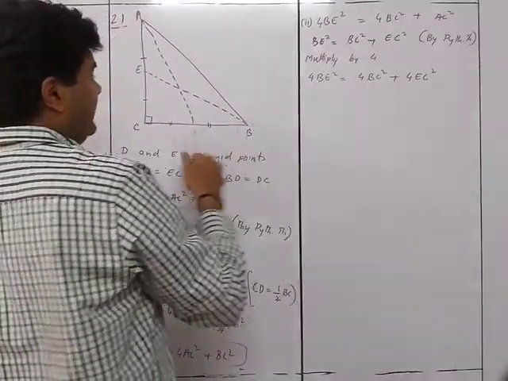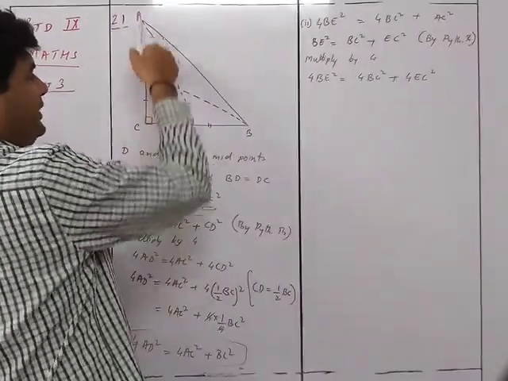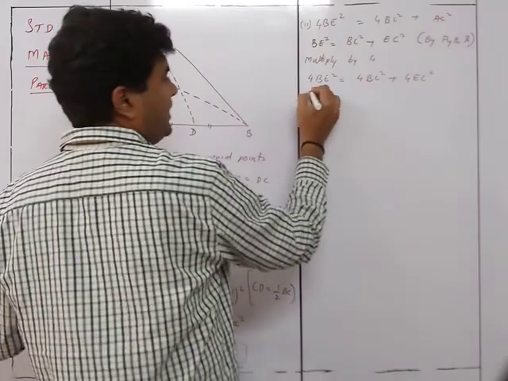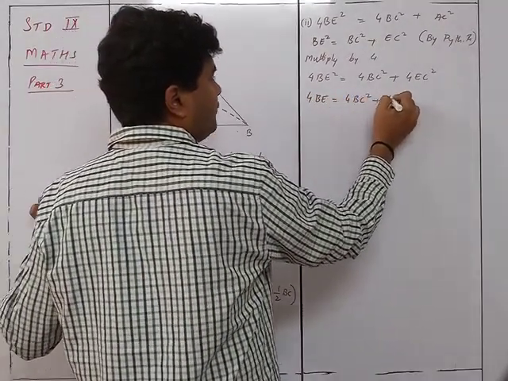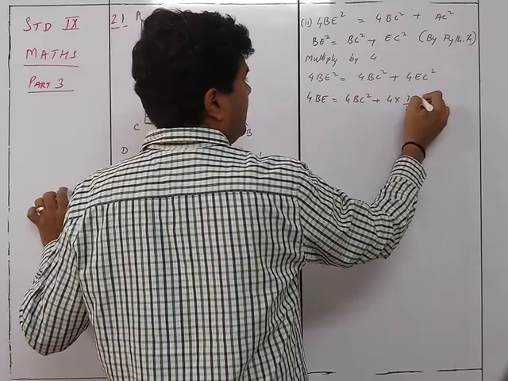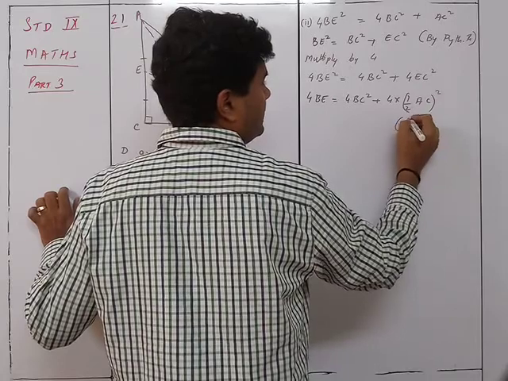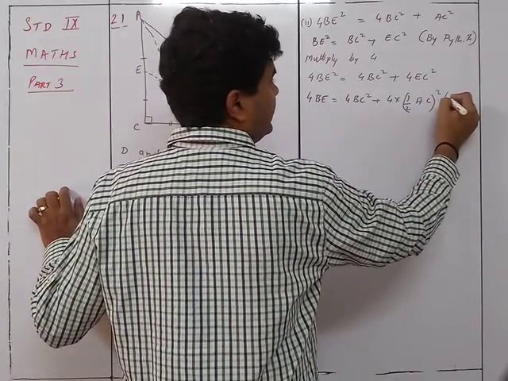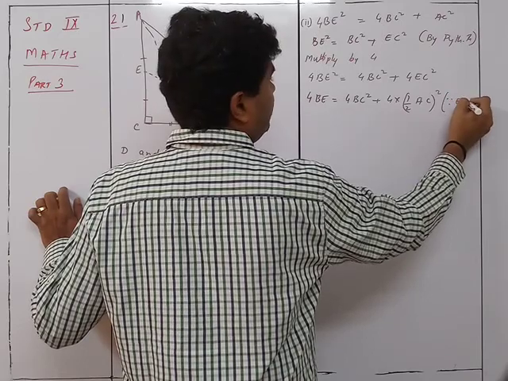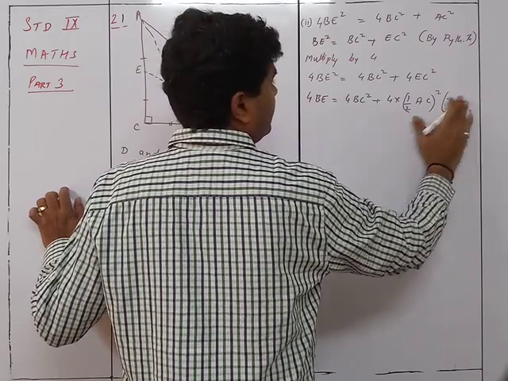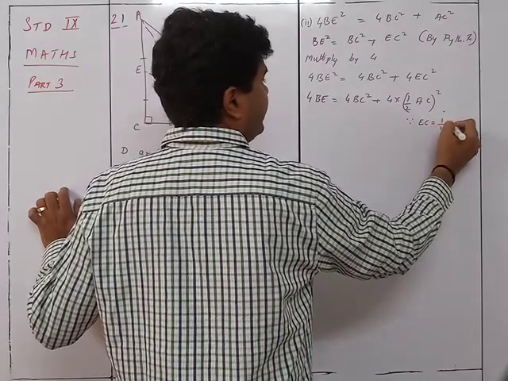Again, what is EC? EC is half of AC because E is the midpoint. So we have 4BE square is equal to 4BC square plus 4 into 1 upon 2 AC the whole square, since EC is equal to half AC.